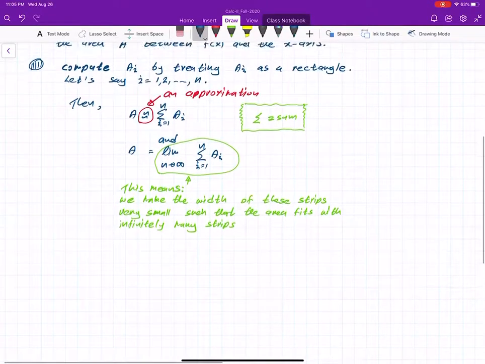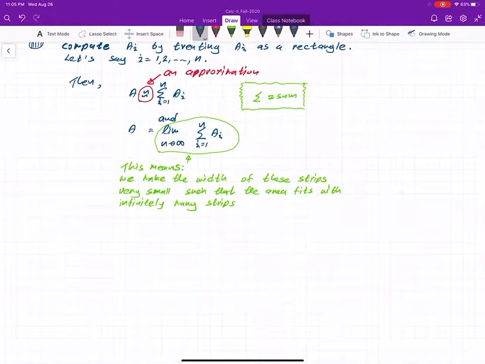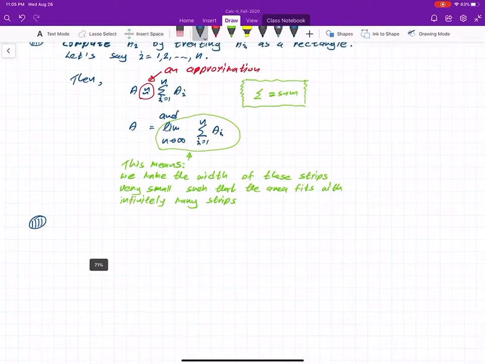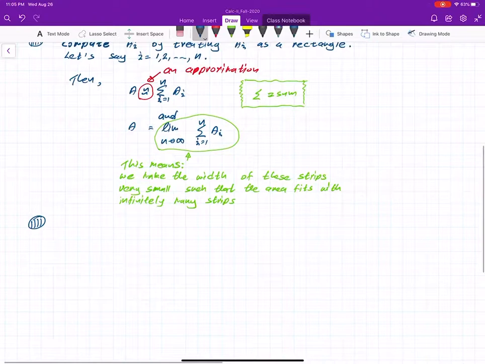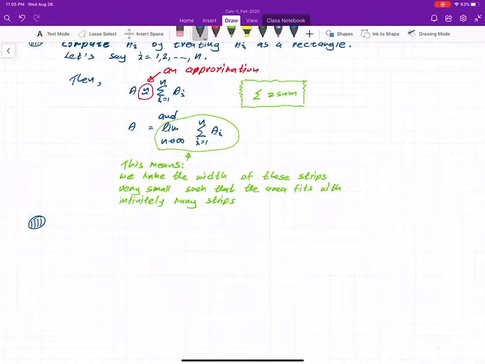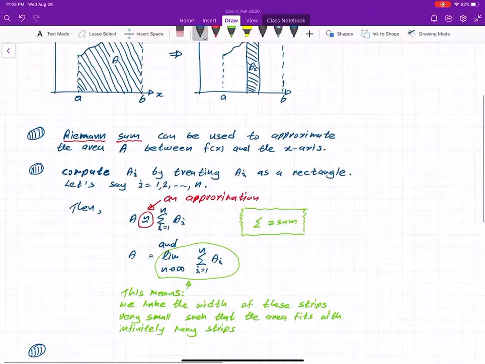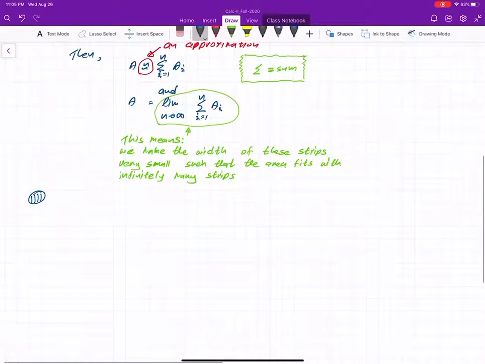Right, let's go to the next bullet point. Now I'm also going to use a little bit of prior knowledge. You know that the area under a curve is given by the definite integration. So let me write that here.